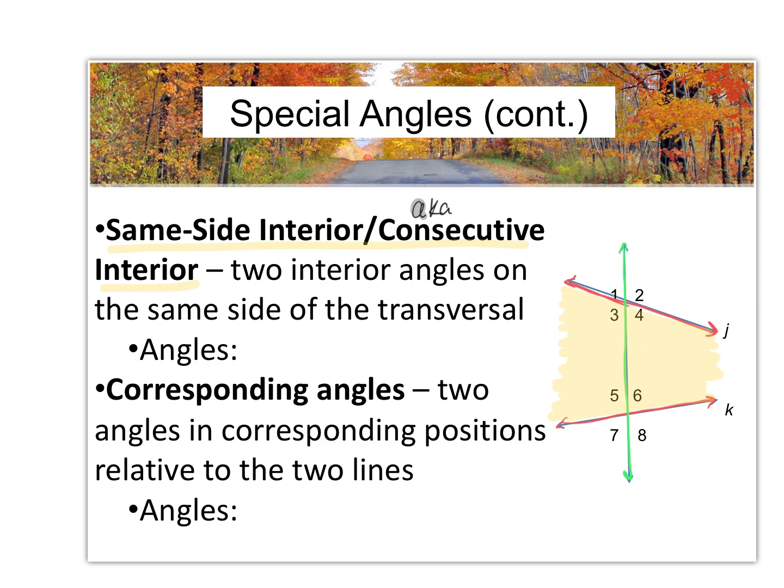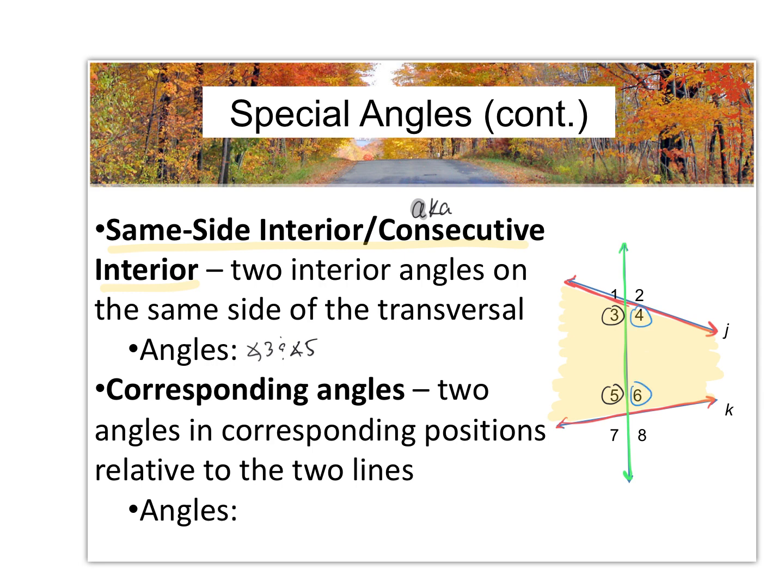Same side interior, again, think about it. Interior is angles 3, 4, 5, 6. Which ones are on the same side? Well, 3 and 5 are on the same side. What we mean by that is interior angles that are on the same side of the transversal. So angle 3 and angle 5 are on the same side.